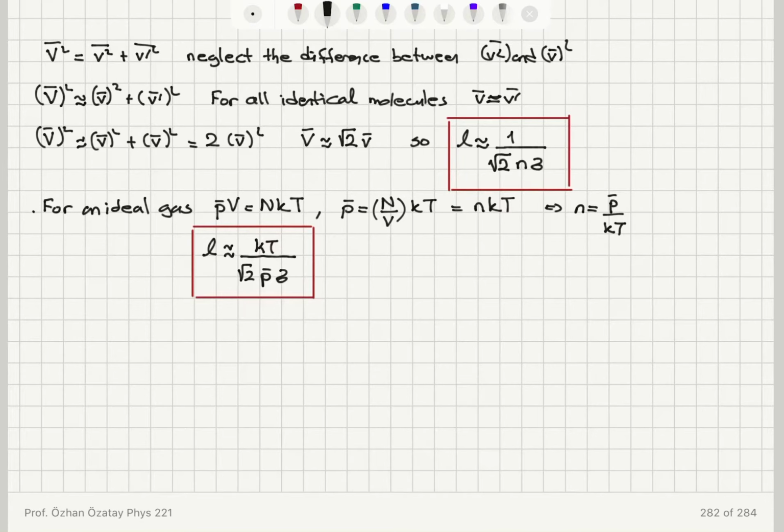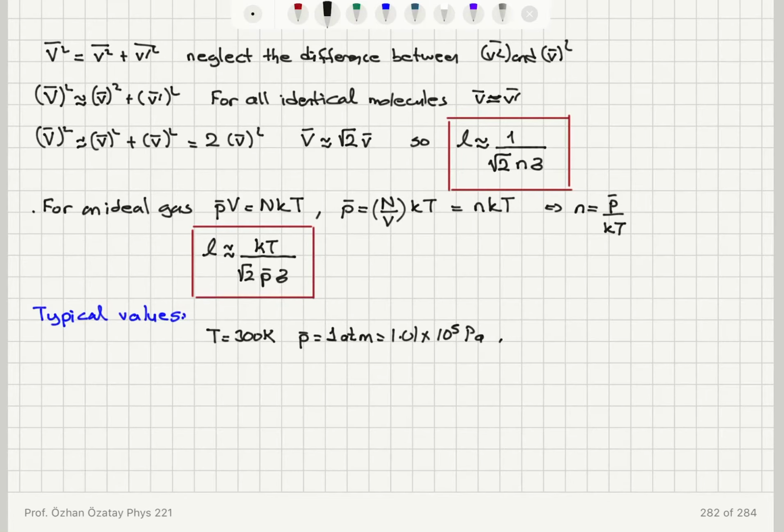Now let's look at the typical values of the mean free path that come out of this estimation. Well, we can assume the temperature is 300 Kelvin, room temperature. The pressure is 1 atmosphere, which is 1.01 times 10 to the 5 pascals.